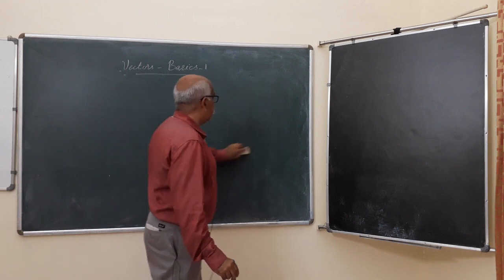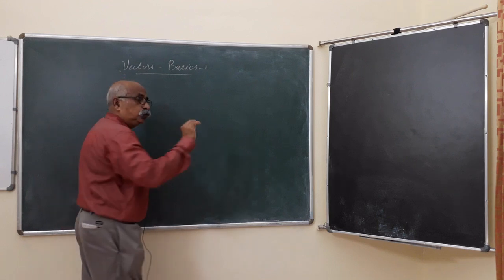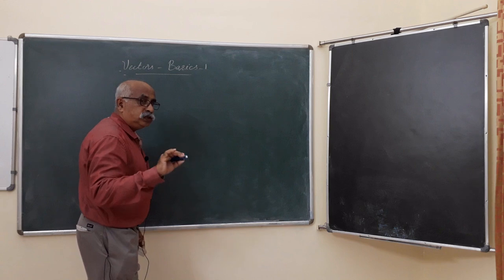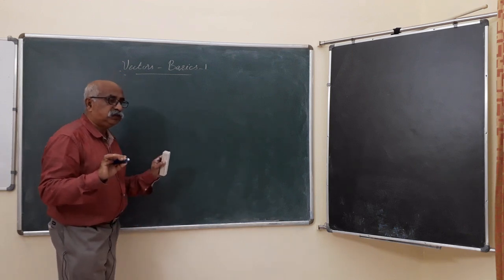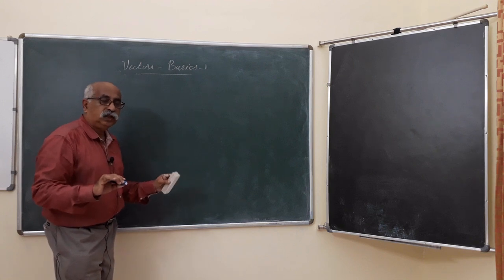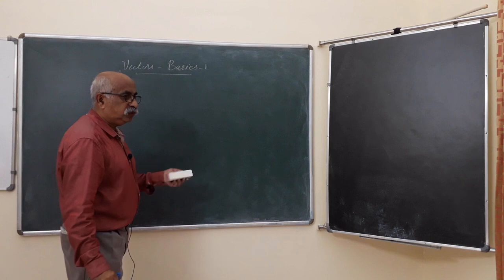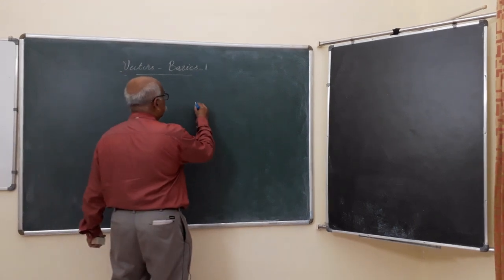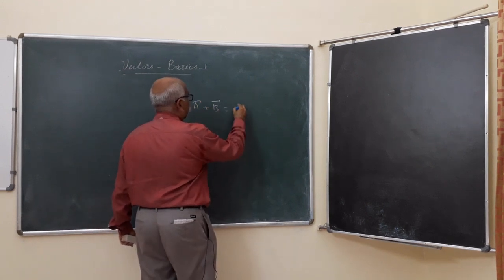If two vectors are acting on a body, for example, two forces are acting on a body, these two forces can be replaced by a single force which produces the same effect. That force is called the resultant of the two forces. For general vectors, it is the resultant of the vectors. Say A and B are two vectors acting at a point. A plus B is equal to B plus A.